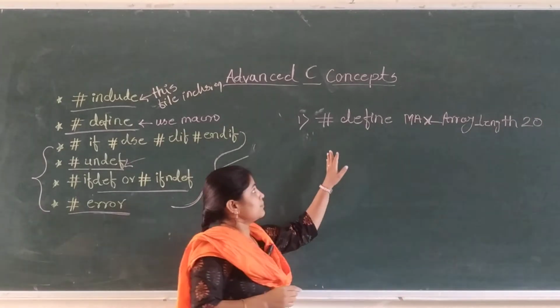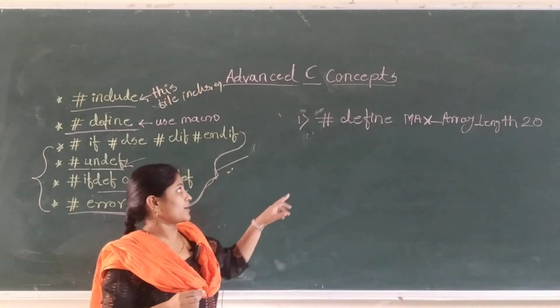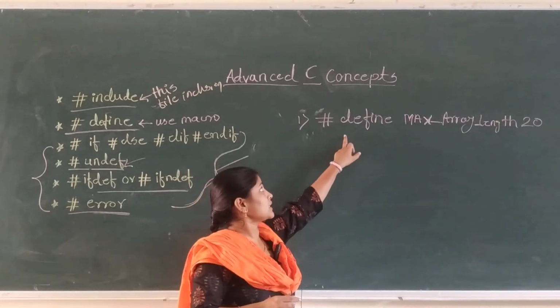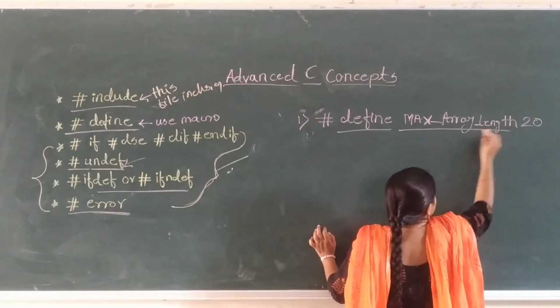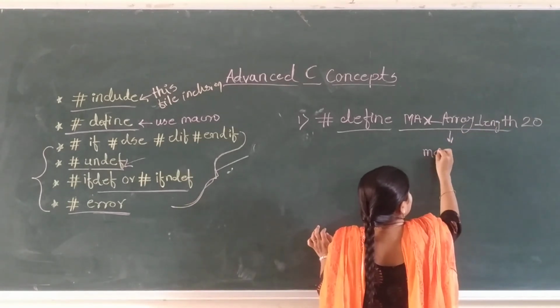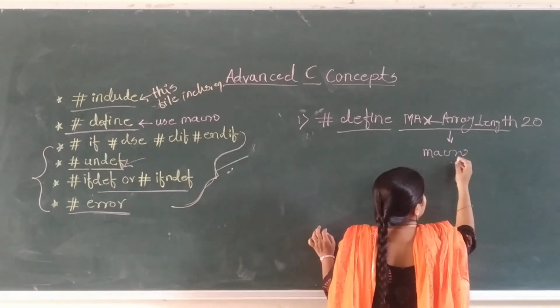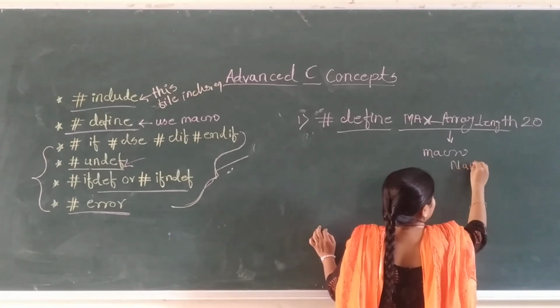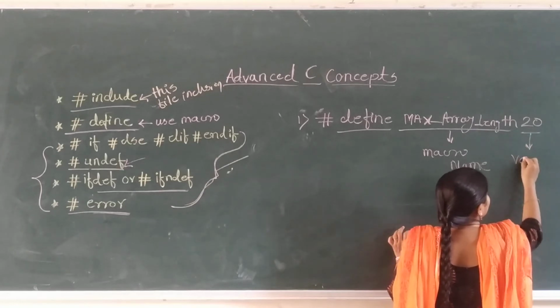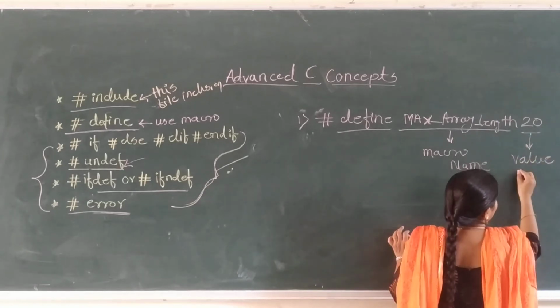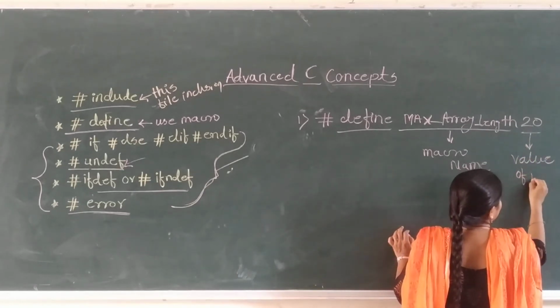In this implementation of directive, that is macro substitution, hash define is the macro directive, MAX_ARRAY_LENGTH is the macro name, and 20 is the value of the macro.